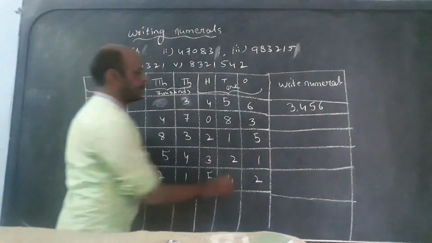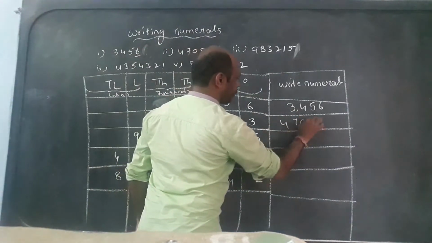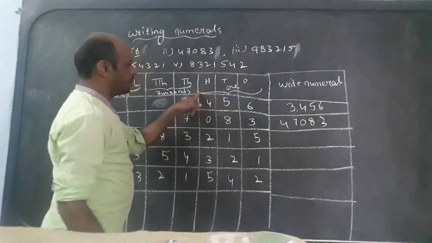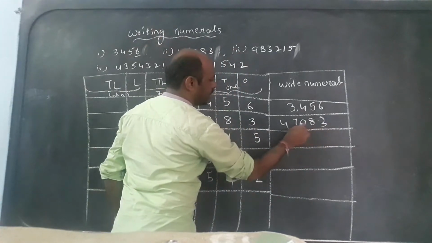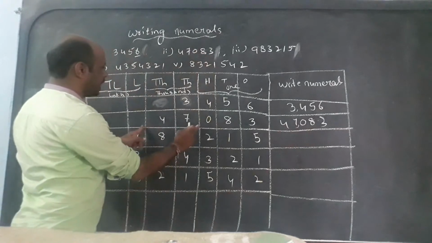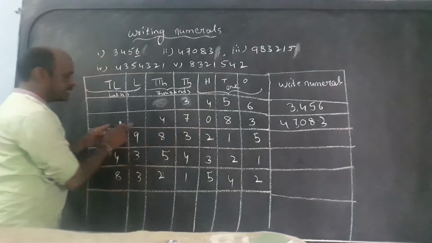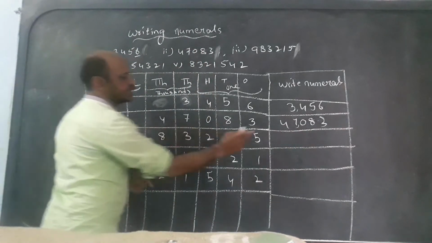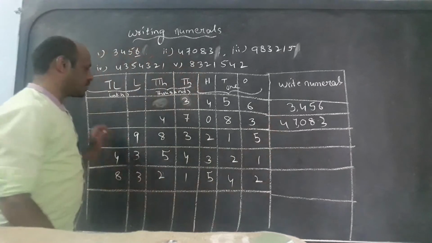Next one. Till the ones period, only one comma: 1, 2, 3. Then again the thousands period has 2 digits. Lakhs didn't come till here, so we keep only one comma. Next one.